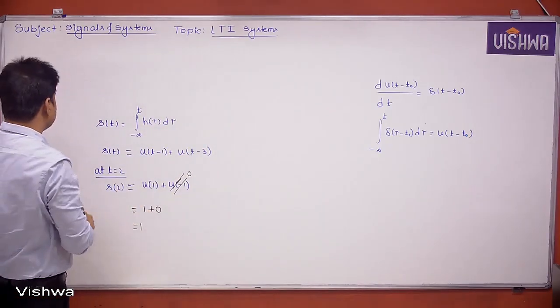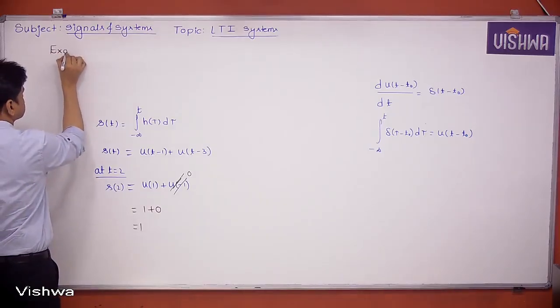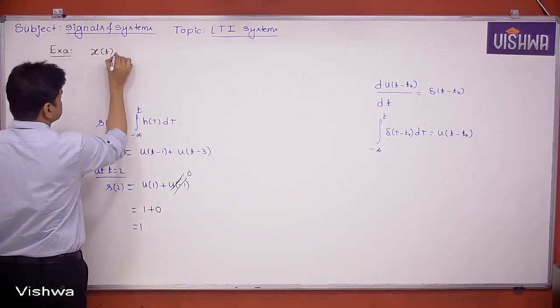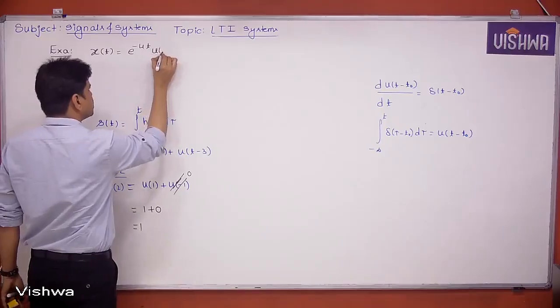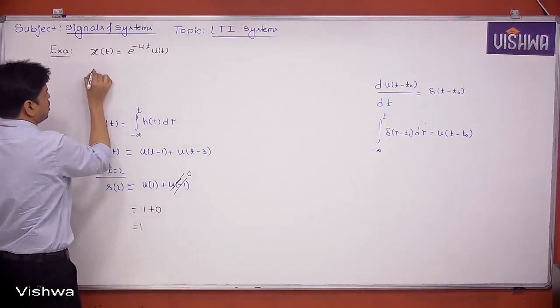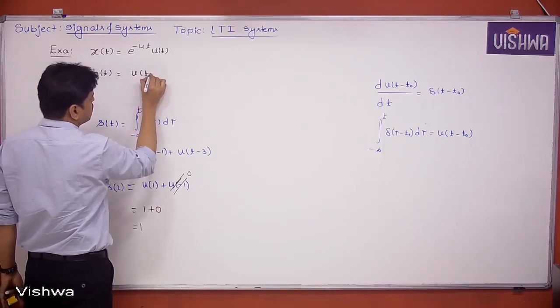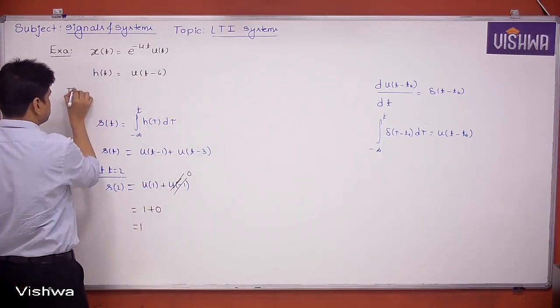Let's see one example. X of t is equal to e power minus 4t u of t. H of t is equal to u of t minus 6. Then find y of t.